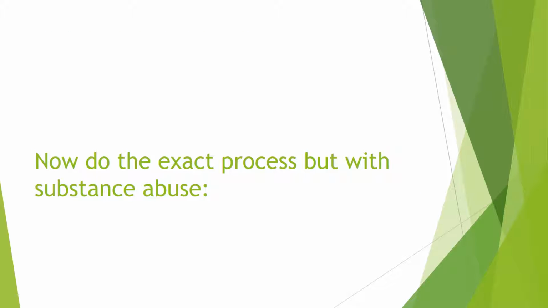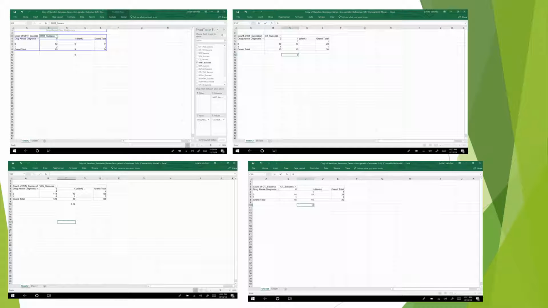And now we have to do exactly the same process, but instead of generalized anxiety, you're gonna have to do substance abuse. So basically on the fields, you're just gonna unclick the one that we had at first, and then you're just gonna click on substance abuse.